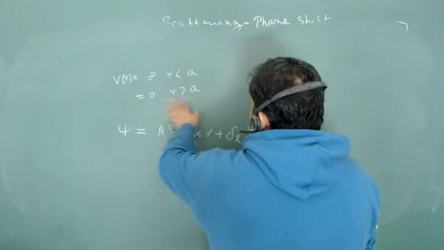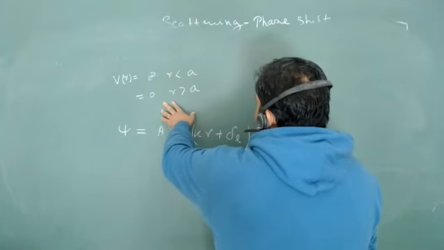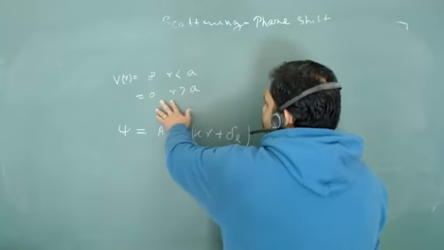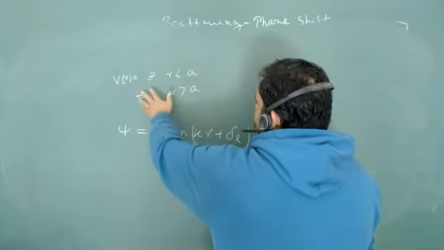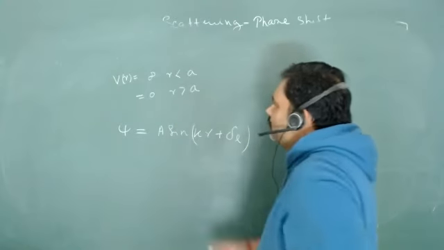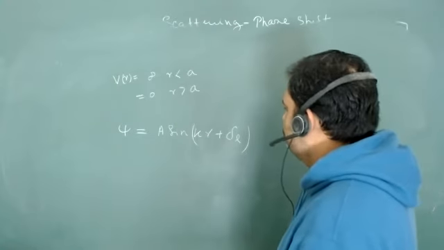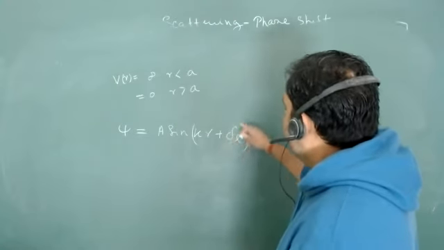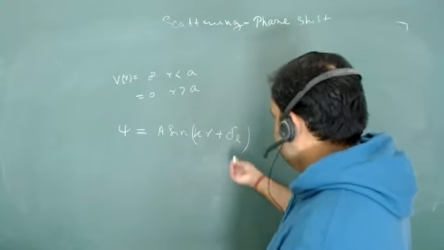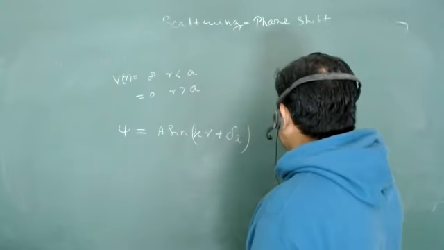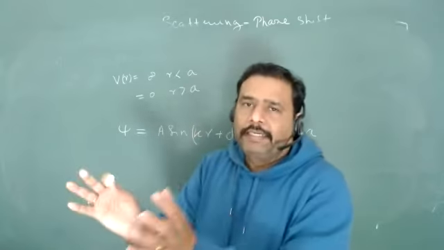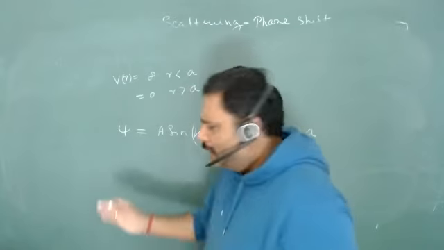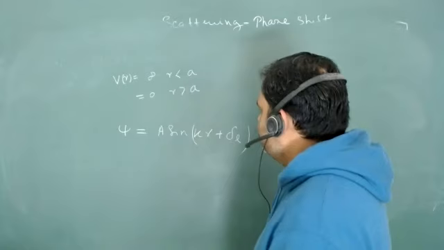It will be in a sine or cosine function, and at r is equal to a it has to decay. So we have taken a sine wave function, and this delta L is your phase shift in the region r is greater than a. If you write it in exponential form you would write 2i delta L, otherwise delta L will do our work.